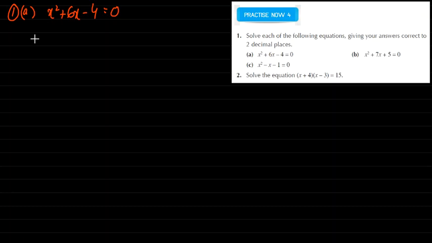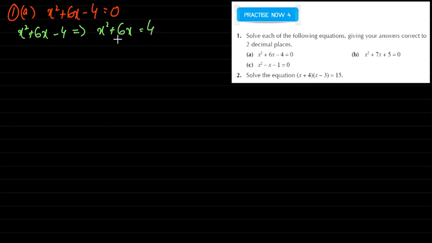At first we will make a square and then we will solve the question, because it will make the question very easy. See, in part a, if I write x square plus 6x minus 4, I can also write it as x square plus 6x is equal to 4, right?